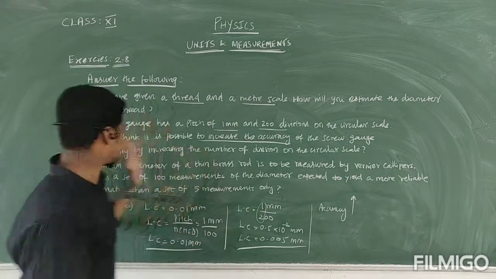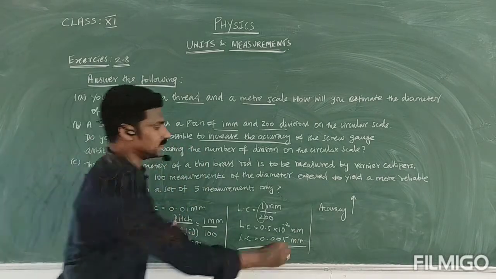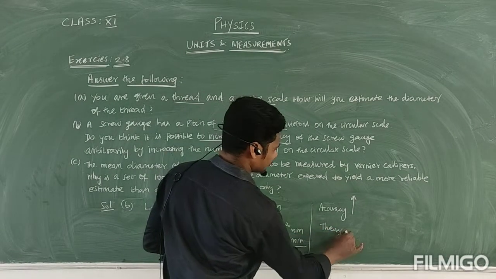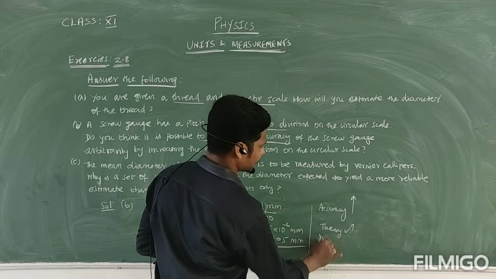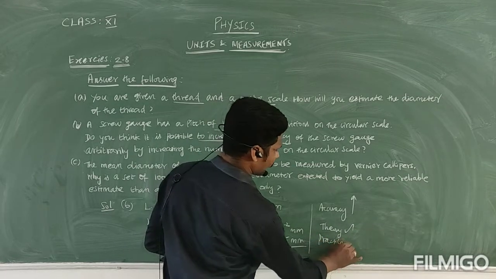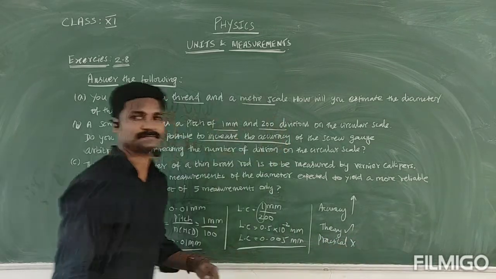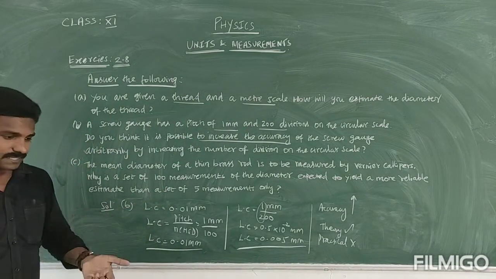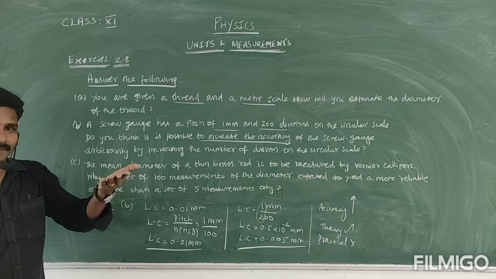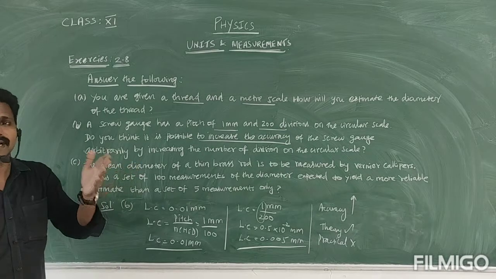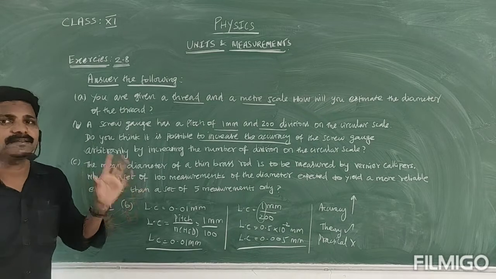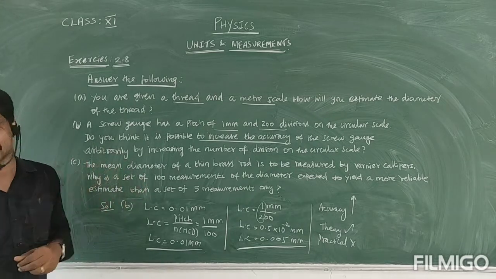So this question B is theoretically okay, but practically it's not okay. That is the answer for this question. The increasing accuracy is fine, but highly difficult to take the reading. So it is theoretically okay, but practically it is not possible.